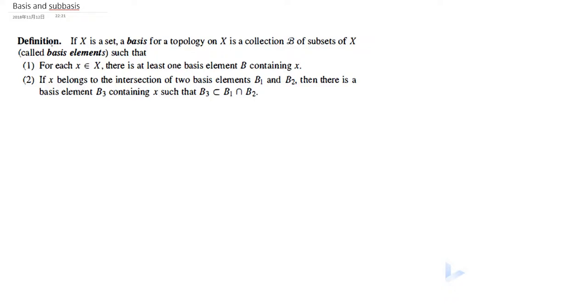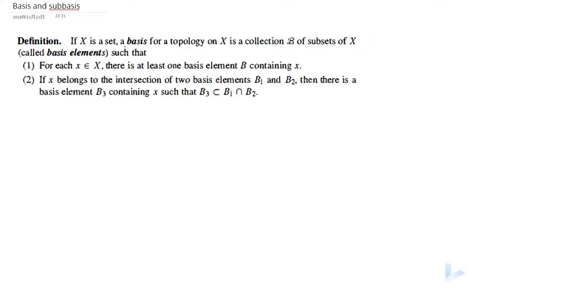So first, the definition says that if X is a set, a basis for a topology on X is a collection B of subsets of X called basis elements, such that they satisfy those two properties.